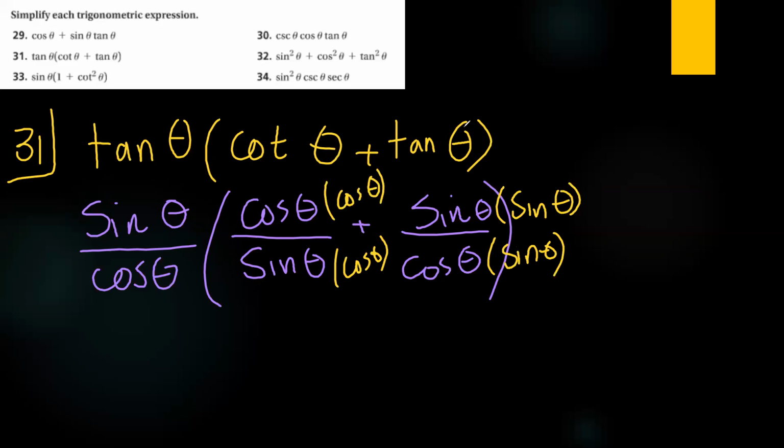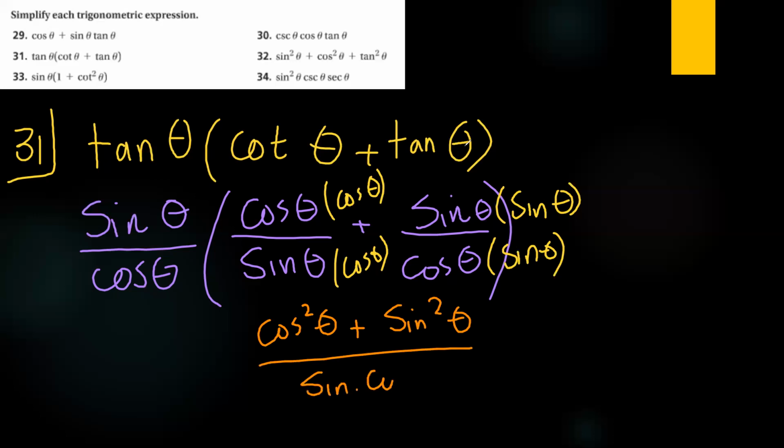Isn't it easier to distribute the parentheses because they will simplify automatically? Yeah, that's another way. Okay, so let's continue here now. Cosine times cosine, cosine squared, plus sine times sine, which is sine squared, over sine times cosine.